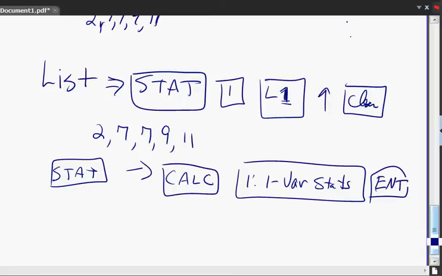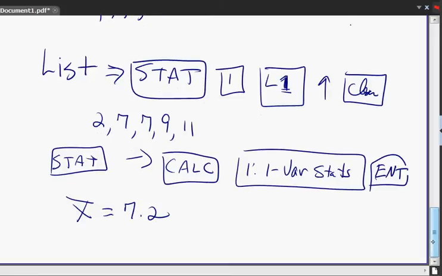The very first thing you see is the mean we calculated, which is 7.2. And then you're going to see parts of the interim calculation. And then you're going to see a symbol that says capital S, smaller x, and that is your calculator's abbreviation for standard deviation.